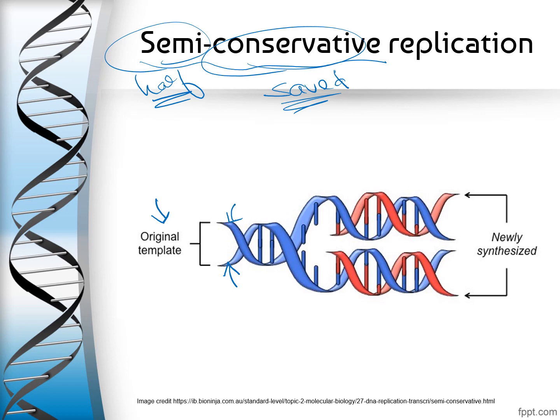Notice that in each of our new double-stranded pieces of DNA, half of it is blue, half of it is old, and the other half is new. We are going to save half of the old DNA in each of those new strands. And this is why we say that replication is semi-conservative. Half of the old gets saved in the new.